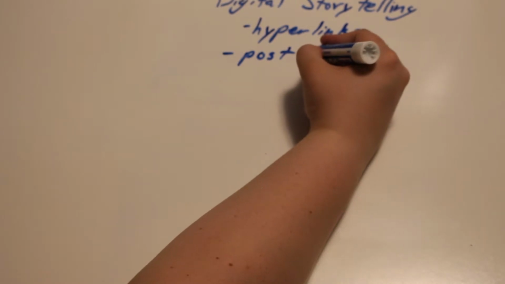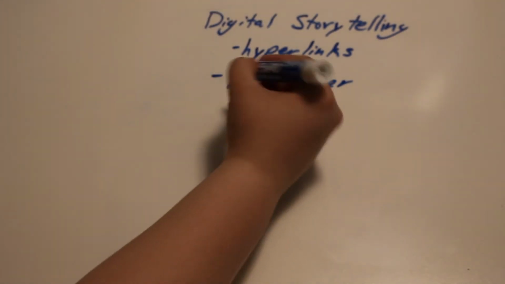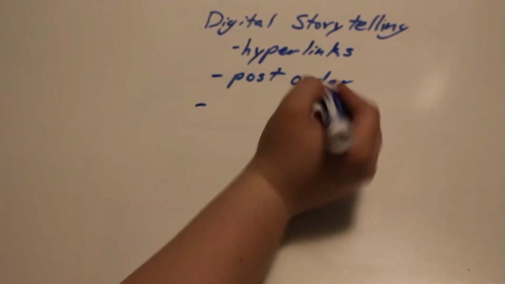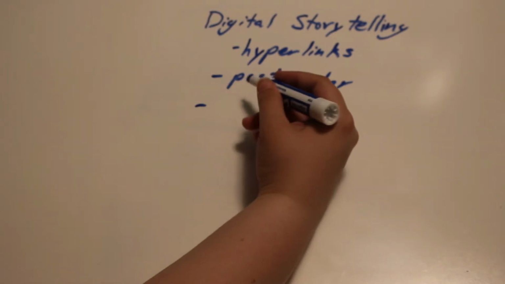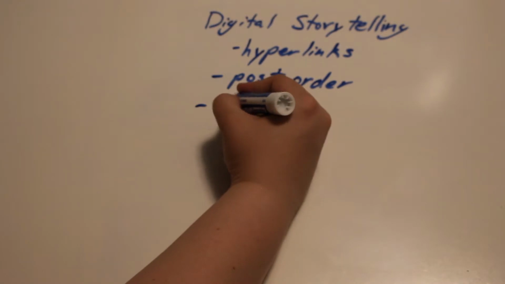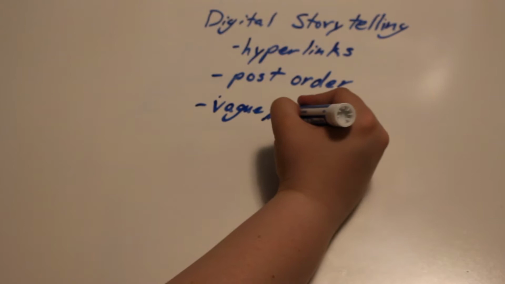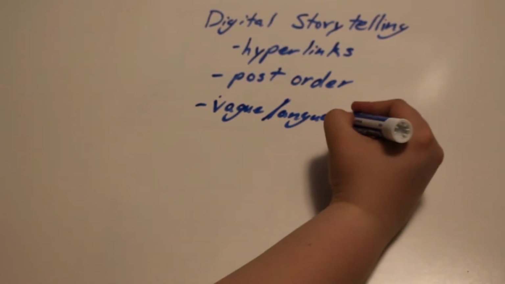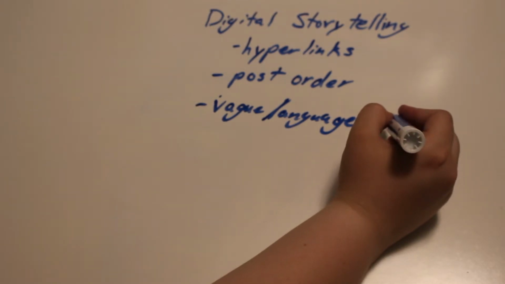So if you're writing a blog, which order you post your blog posts in, or your YouTube videos, or anything. You also have the ability to type vaguely, or to incorporate other languages. Or are the really vague Facebook posts out of date now? I can only hope.